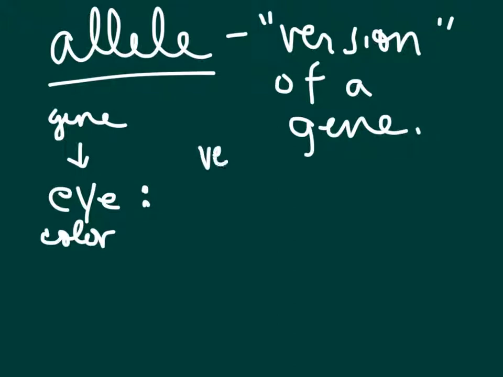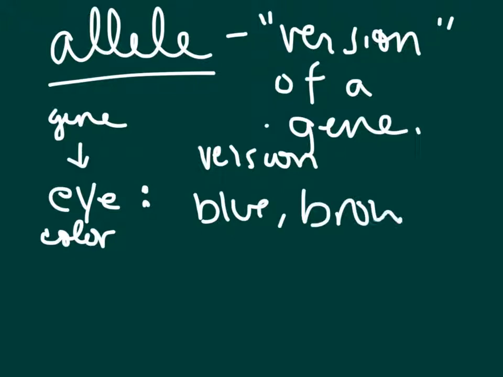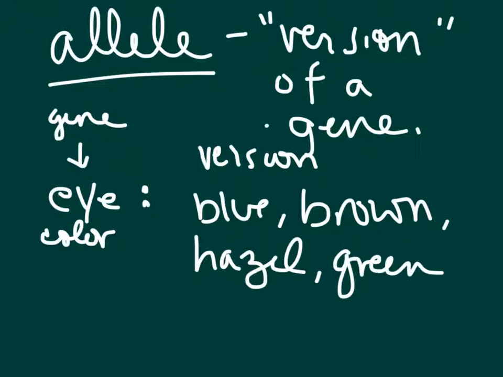The version or allele that you would get would be blue, brown, green, hazel, gray, red, black. We're talking about eye color here. Didn't you have red? Why would it be red? You're albino. What does that mean?